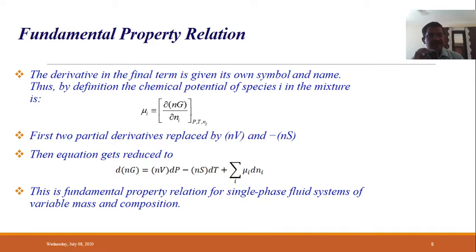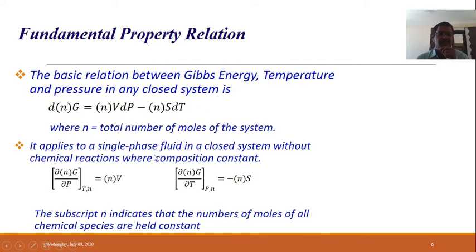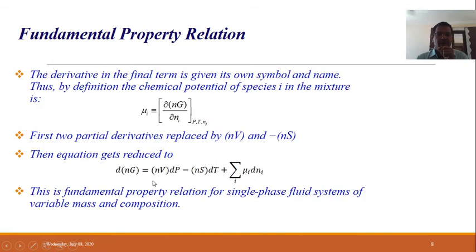So again, coming back to this particular equation, the first two derivatives, del NG by del T at constant pressure and composition, we have defined earlier. That is nothing but NV, and the second is replaced by minus NS.